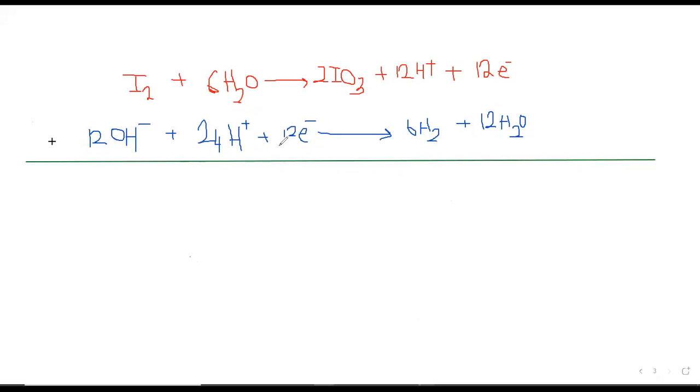So we have the cancellation of the electrons here. Then we add now. At the bottom here, we are going to have an iodide molecule there, plus 6 molecules of water, 12 molecules of water.